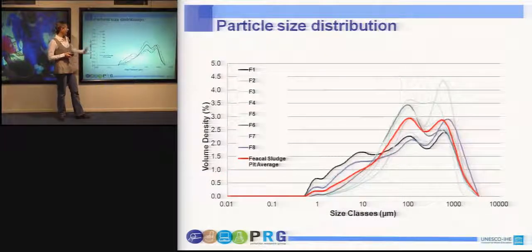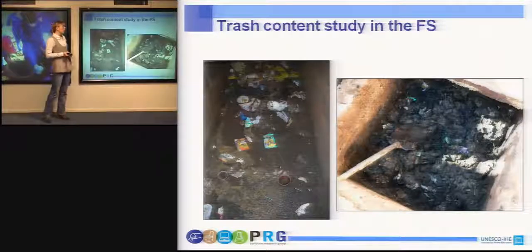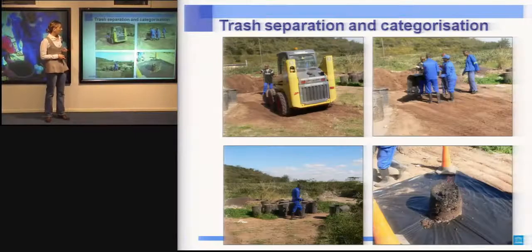Then we have particle size distribution within one and the same pit at the different sections, which was demonstrated earlier on. We did some studies on the trash content of pits, or the trash content mixed with fecal sludge, in some of the on-site sanitation facilities we have analyzed.